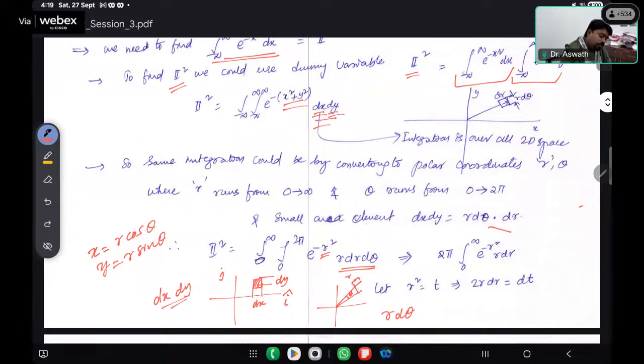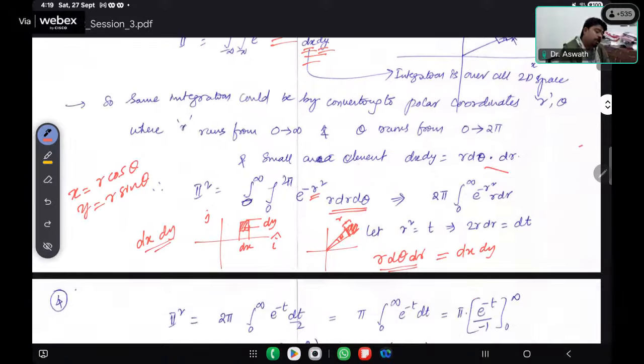Here r d theta is this quantity and dr is this quantity. So the small area element r d theta dr is equivalent to dx dy. In place of dx dy I'll put r dr d theta, and you just substitute.